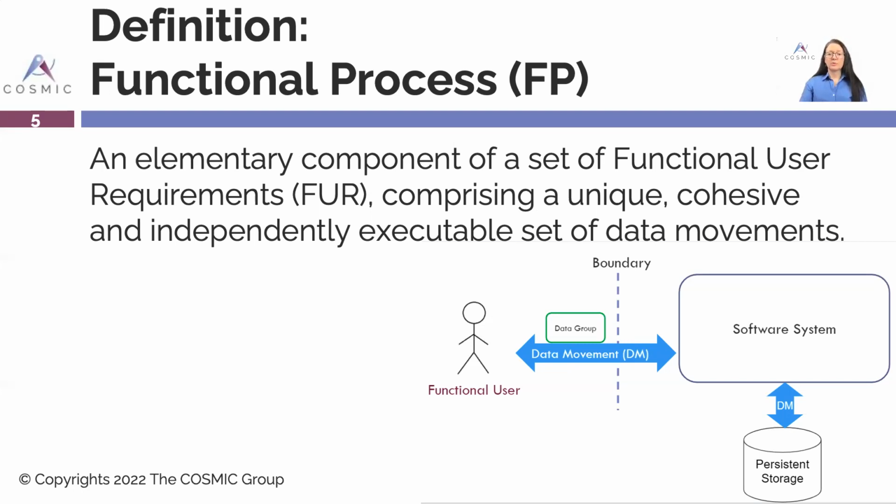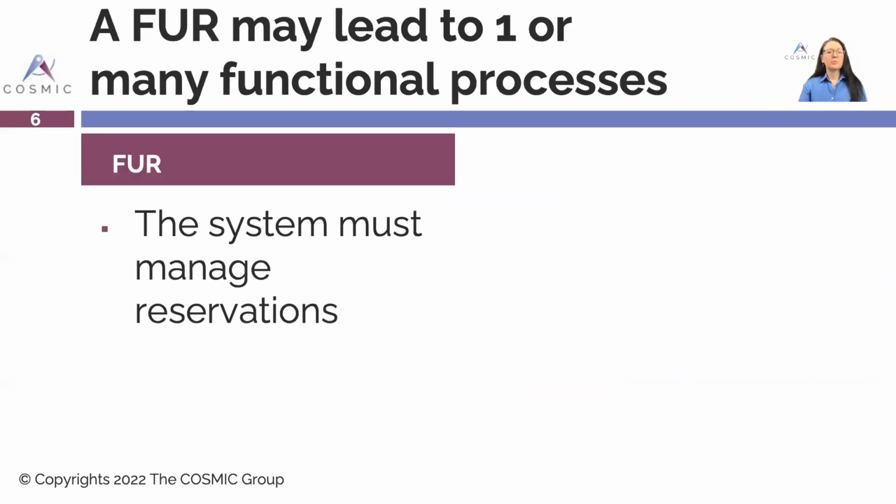What we need to know is that within a software system, there will be a certain number of functional processes. Suppose a FUR, because a FUR may lead to one to many functional processes. A FUR, high level, saying the system must manage reservation.